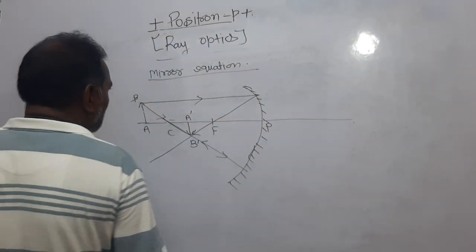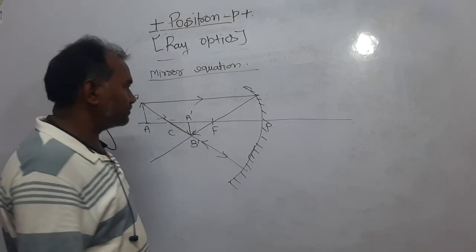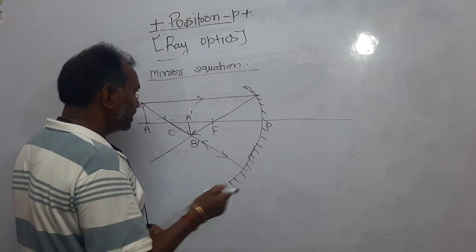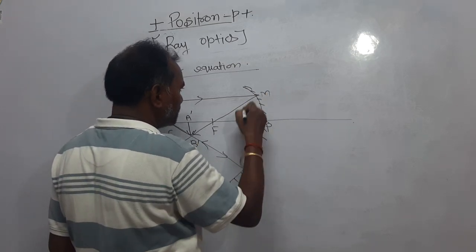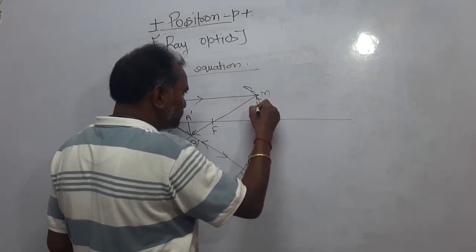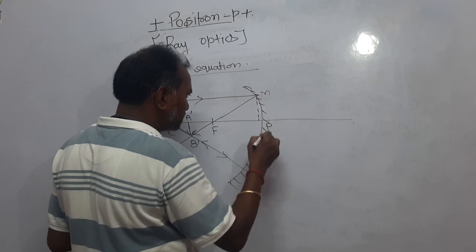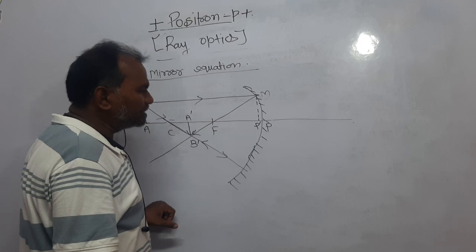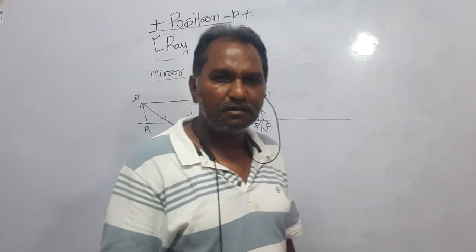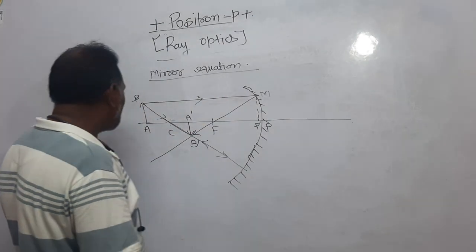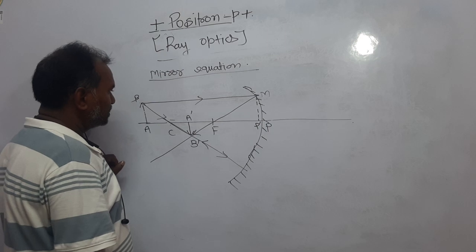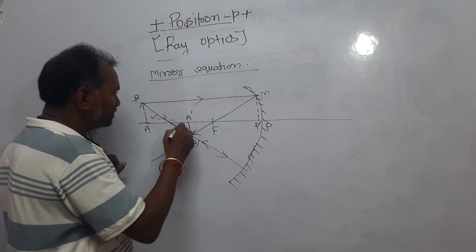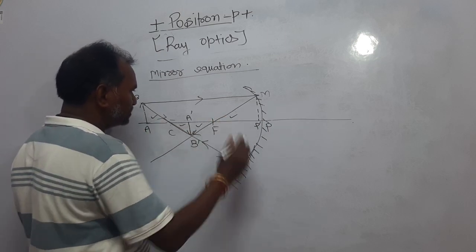Now dear students, we have to find the mirror formula. Let it be M. Dear students, I am drawing a perpendicular at this, and let it be P dash. P dash is very close to P, right? Dear student, let's take these two first and then these two.